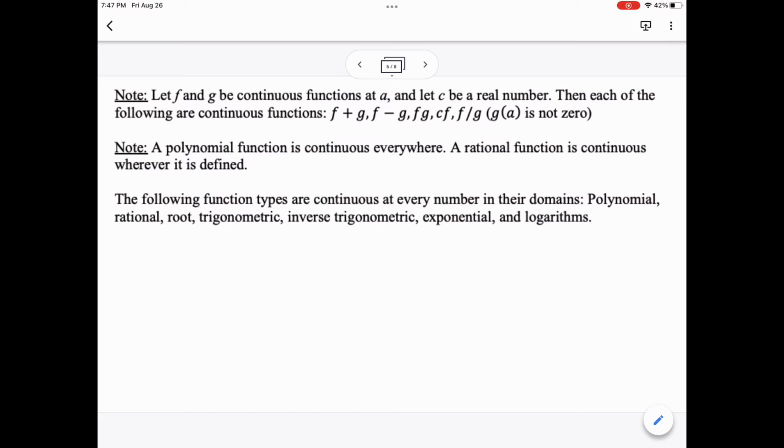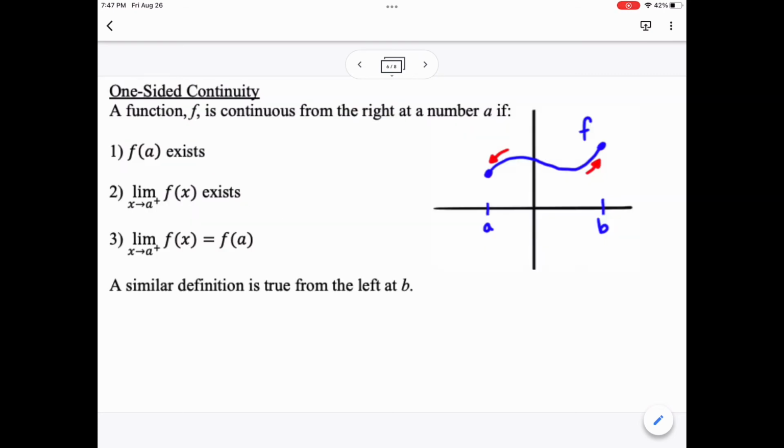There are some other notes: for f and g to be continuous at a real number c, if they are continuous functions, then addition, subtraction, multiplication, a factor, and division are all continuous with one another. If you have a polynomial function, that's continuous everywhere, and a rational function too. A lot of other functions are continuous as well, listed at the bottom there.